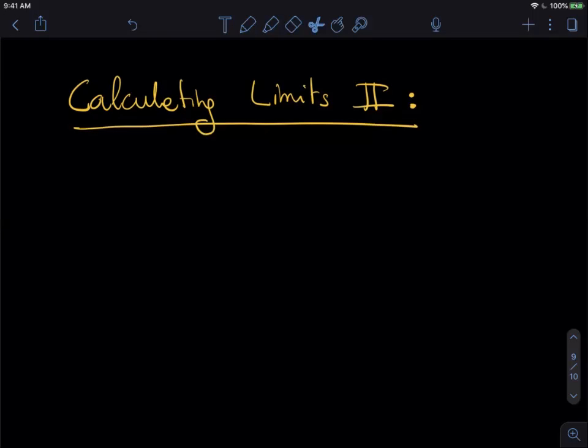We have already seen two properties that allow us to compute limits. But let's see a very important one. So this is an important one, so let's call it a theorem.